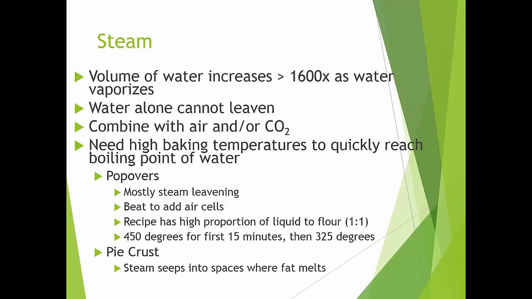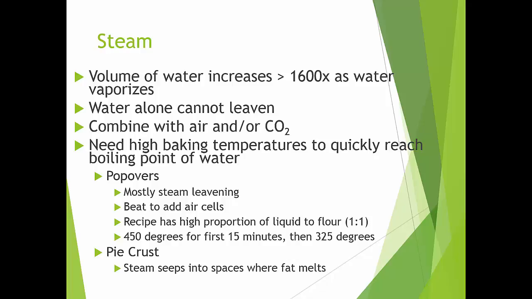You also need high baking temperatures because you're going to take that water and get it quickly to the boiling point so you can create steam inside of the baked good. A couple of examples of using steam to leaven a baked good are popovers. Popovers are mostly steam leavened and they're done by beating the batter to add air cells.